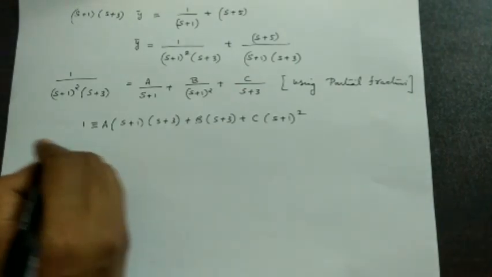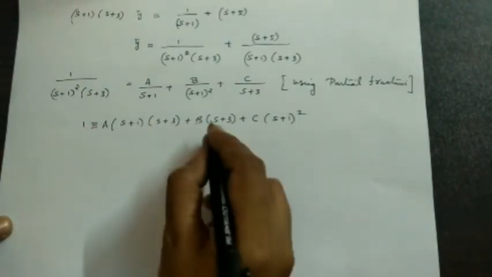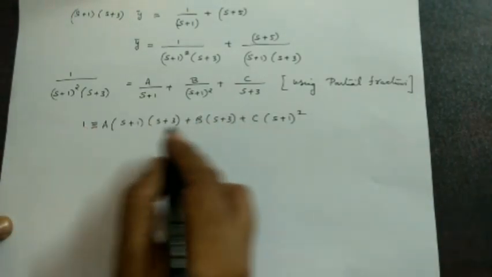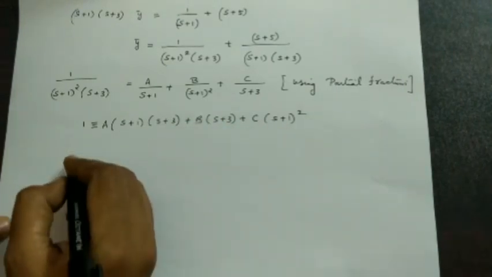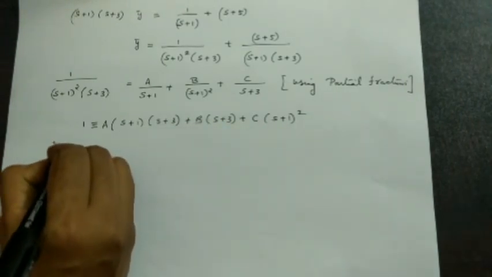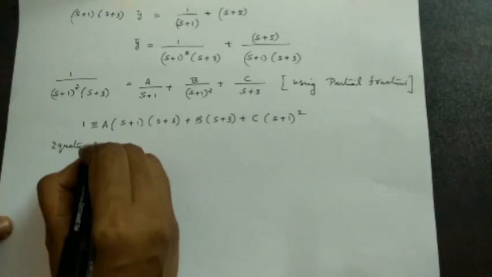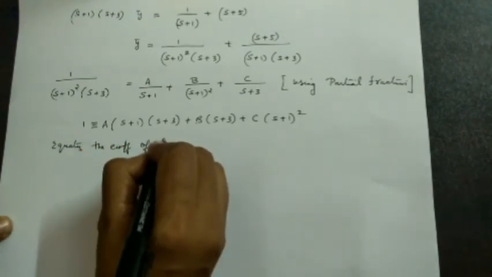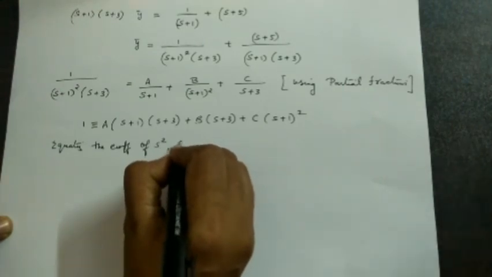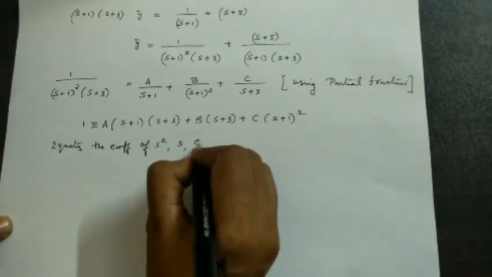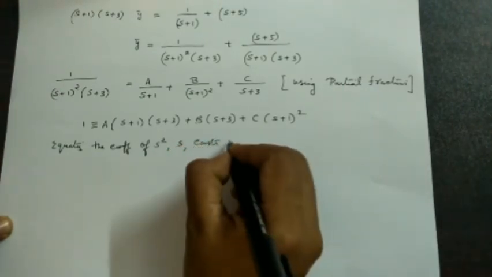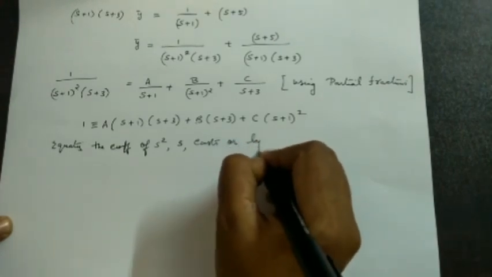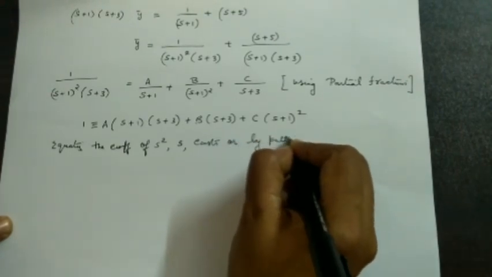Okay. Now here we can find the constants A, B and C by equating either the coefficient of s square, or the coefficient of s, or the constants, or by putting values for s.